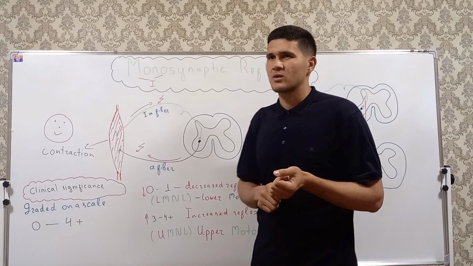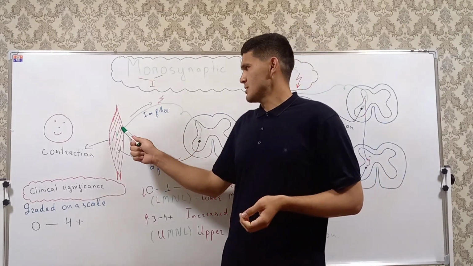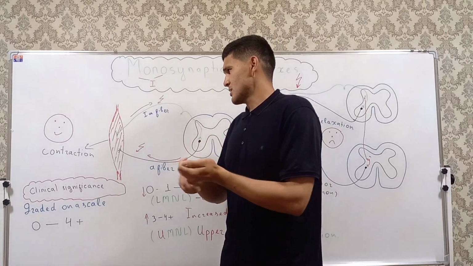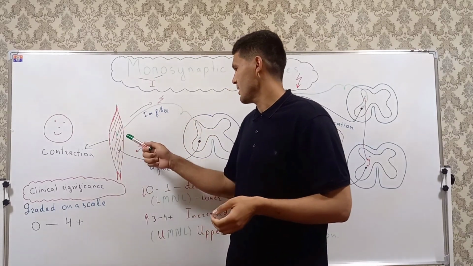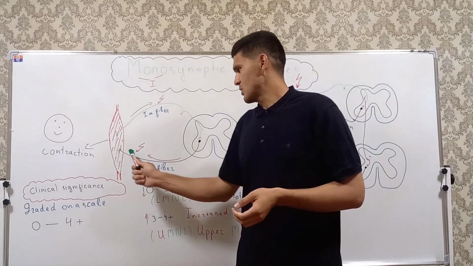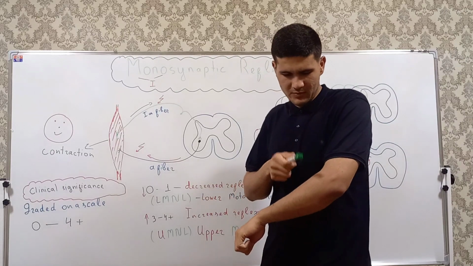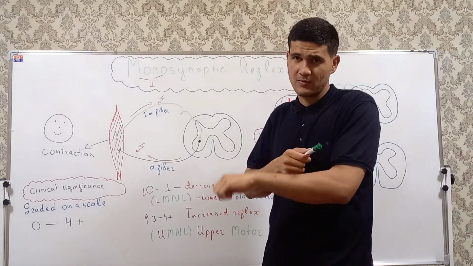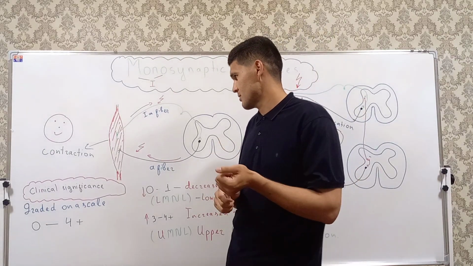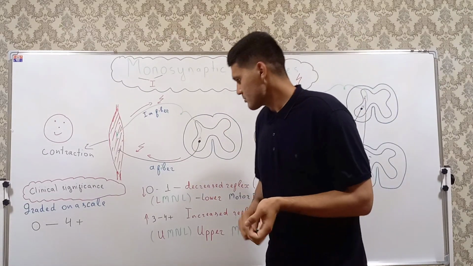These motor neurons we call the lower motor neurons. According to the change in length of the muscle, the alpha motor neurons react by contracting this muscle. This is the kind of reflex you can find outside. This is the monosynaptic reflex. Okay.